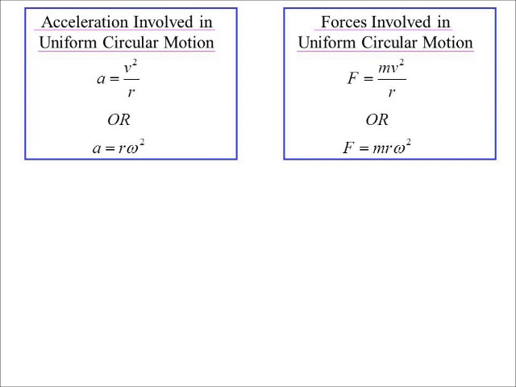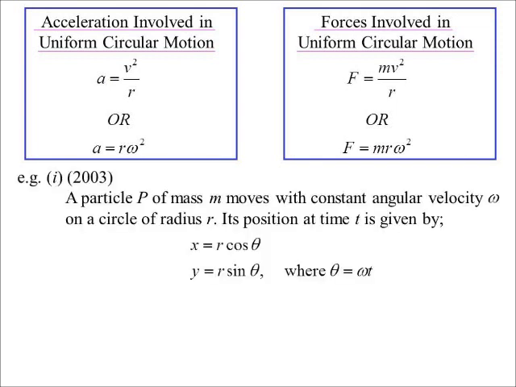So it's not actually a force, it's the result of all the forces acting together. All those changes in direction, all of those acting together comes up with this resultant force. So when we're solving circular motion problems, instead of going mx double dot, we can go mv squared on r, or mr omega squared.